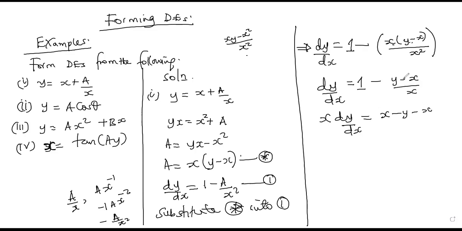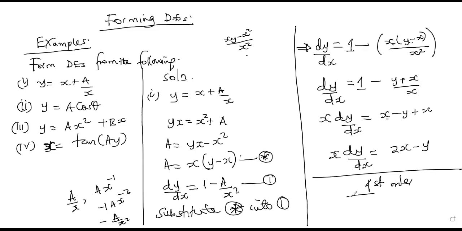This is supposed to be plus. This is minus xy plus. It's supposed to be a plus. So I will have x dy dx is equal to x plus x, that is 2x, then minus y, which is the first order differential equation.